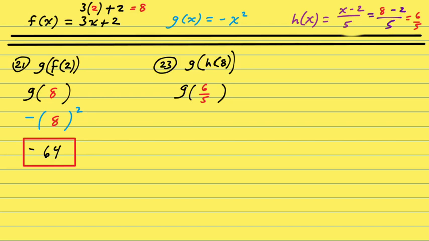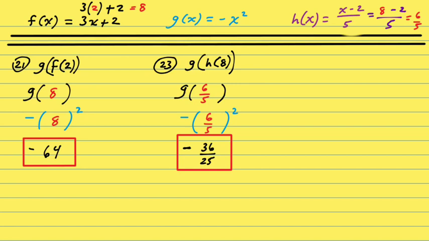So now I need g of 6 over 5. g again is negative x squared. And what are you replacing the x with? 6 over 5. Now you have to do your exponent first. So you square the 6 to get 36, and you square the 5, and then you multiply by the negative. That should be the result.